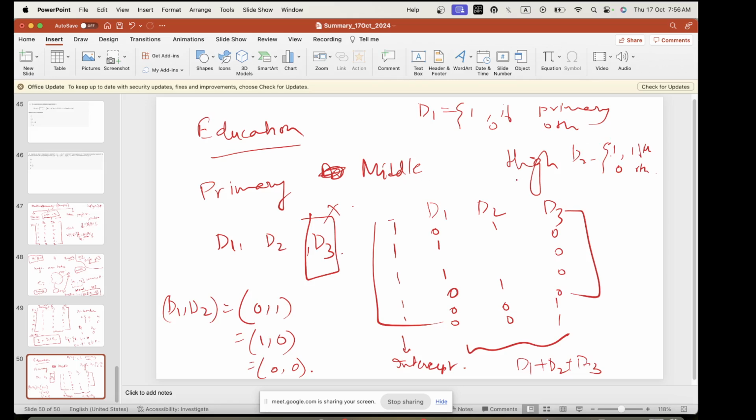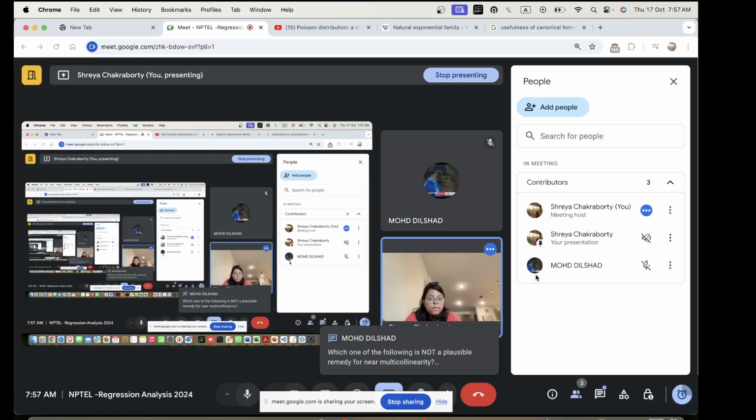In that manner we should consider it. So 1 0 will mean that this individual has attended primary, 0 1 will mean this individual has attended middle, and if we have both 0, then it would mean that this person has attended high school. So using two variables we are able to capture with their combinations the 3 different categories, keeping in mind that this does not violate the collinearity norms here.